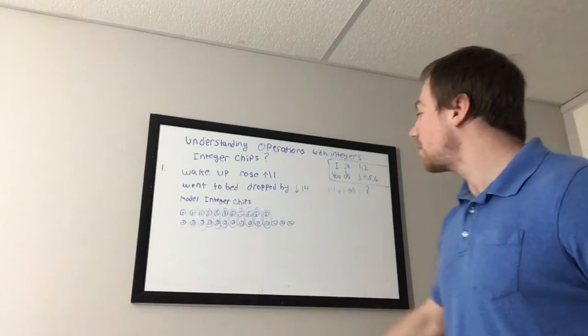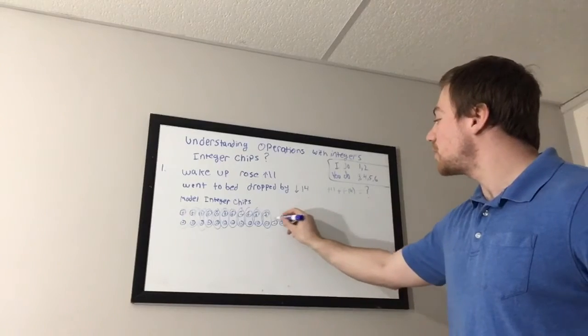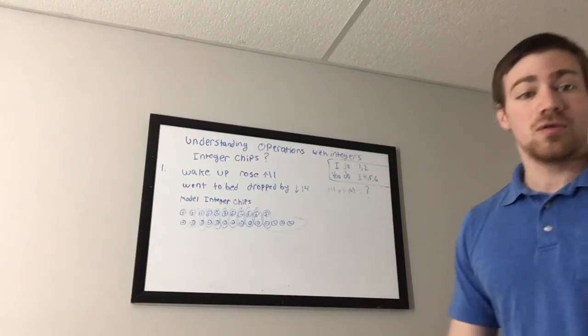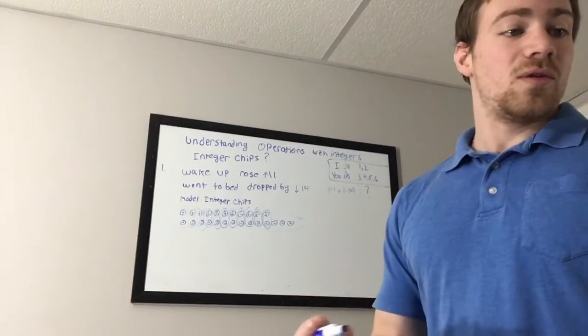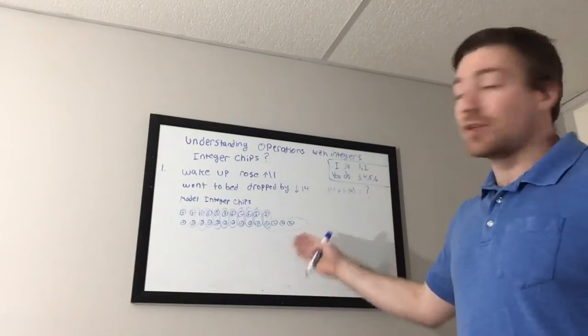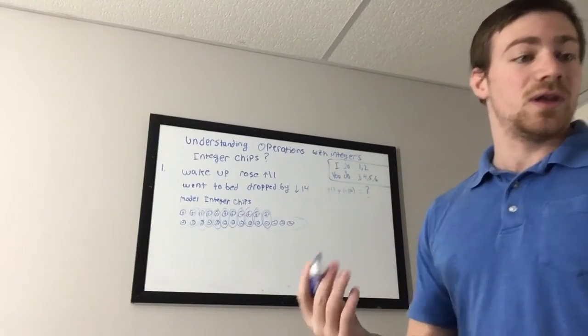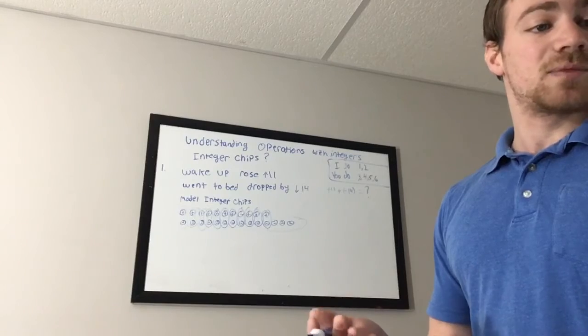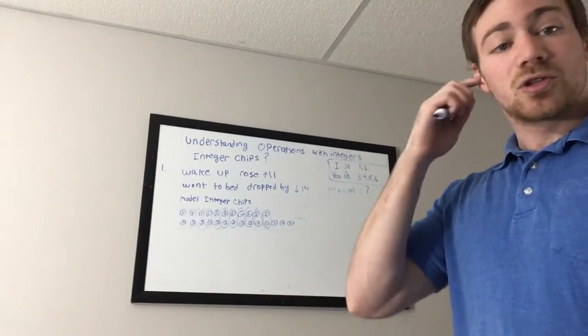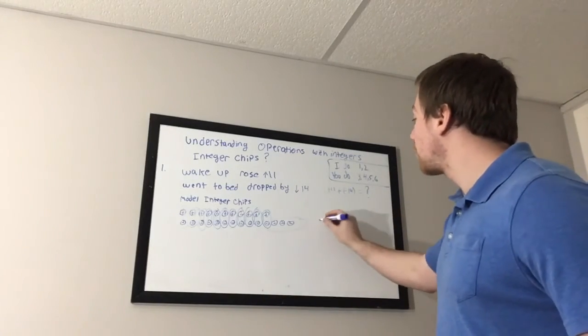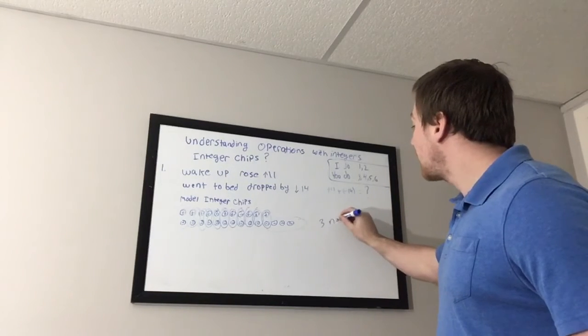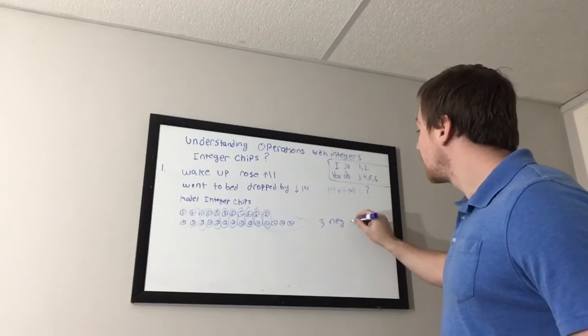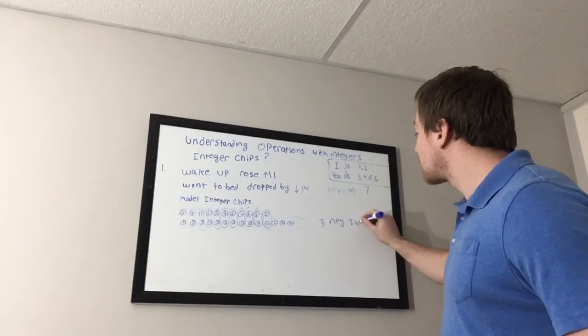And once you put a line through those, you're left with these three. So that lets you know what the value is, which leads into the next question, what the value is of the remaining integer chips after the zero pairs are removed. So what's left is 3 negative integer chips.